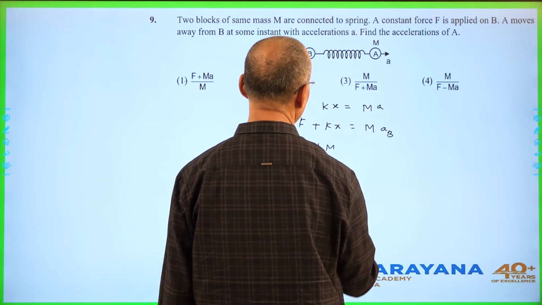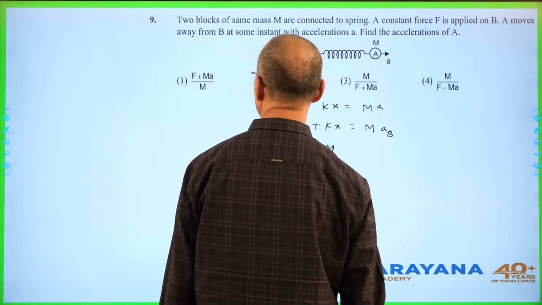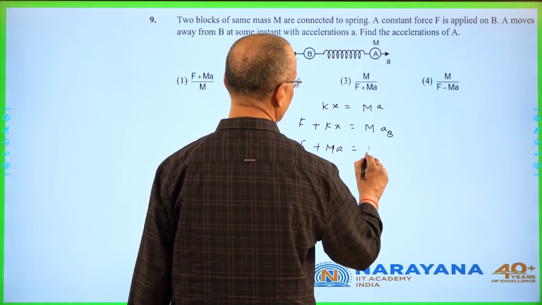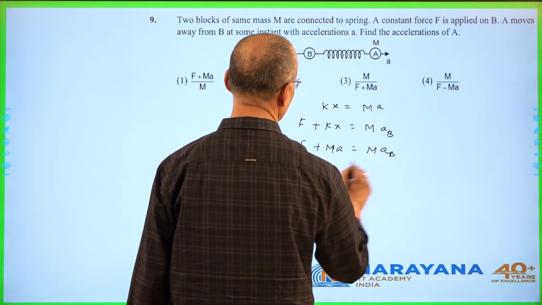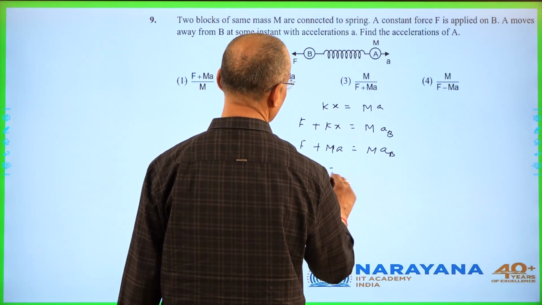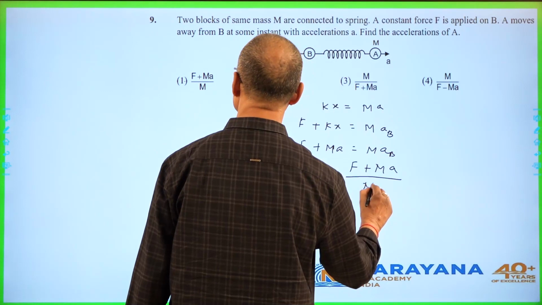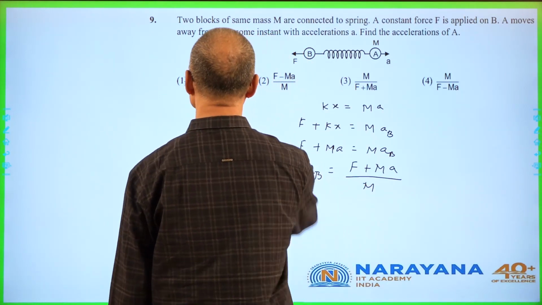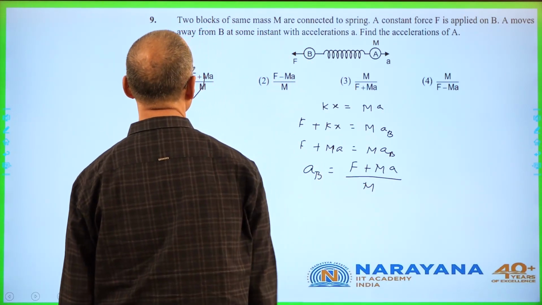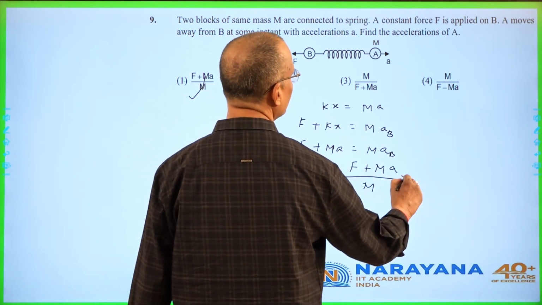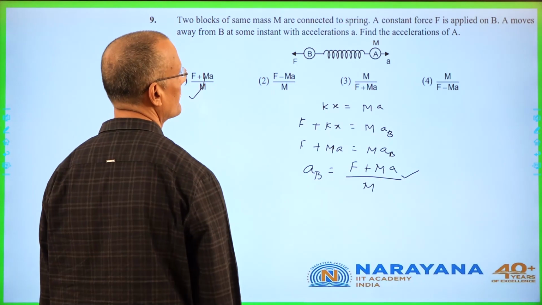Kx is ma, so I will be taking F plus ma equals m a_B. I will get a_B equal to F plus ma by m, and this is the answer.